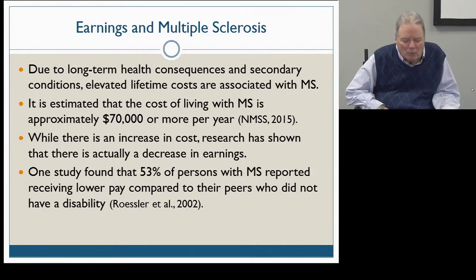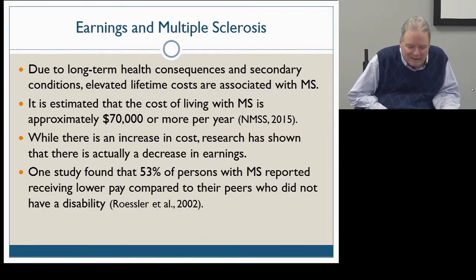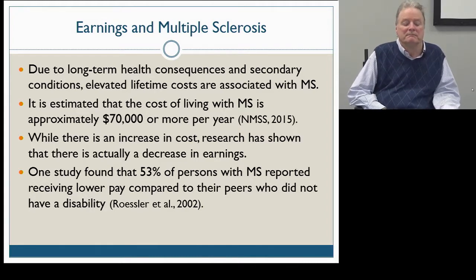And one study found that 53% of people with MS reported lower pay compared to their peers. So that clearly is not simply an issue of maintaining employment, but maintaining and making a strong living wage.